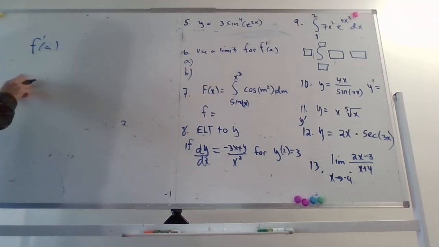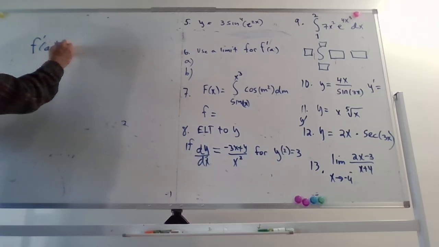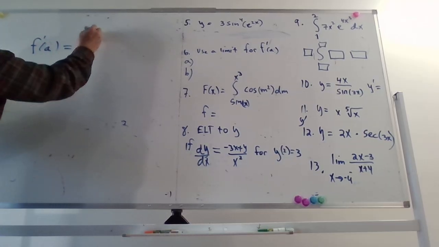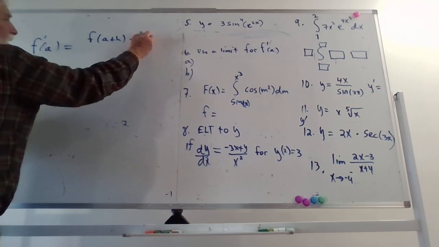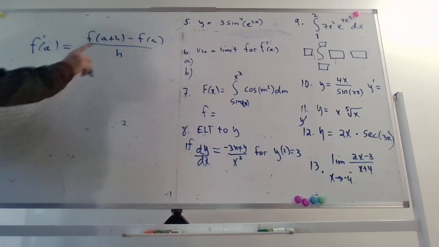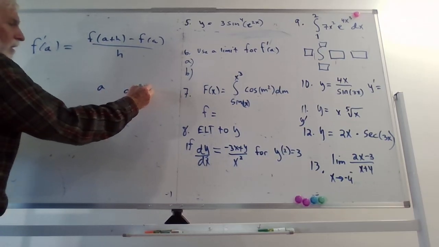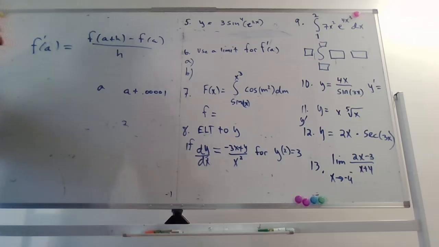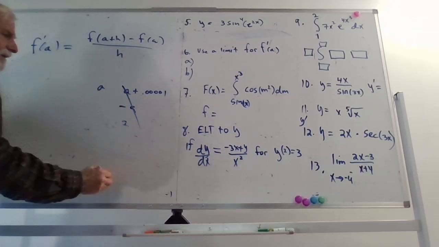The other way to do it was to look at f prime of a is equal to f of a plus h minus f of a all over h. Remember, a was some number, a plus 0.01. What happens when you subtract these? That minus a, the a's cancel.